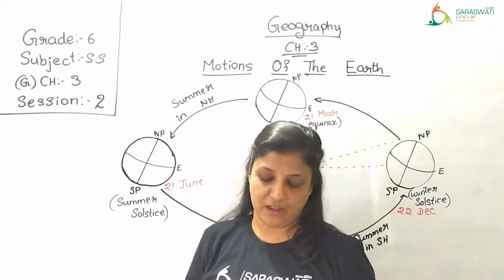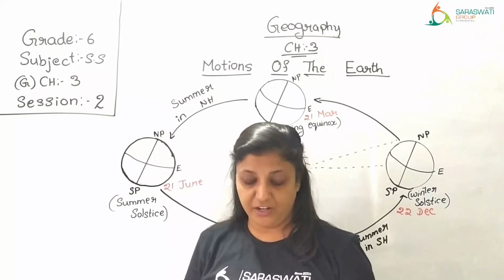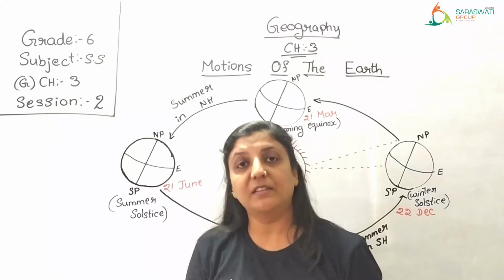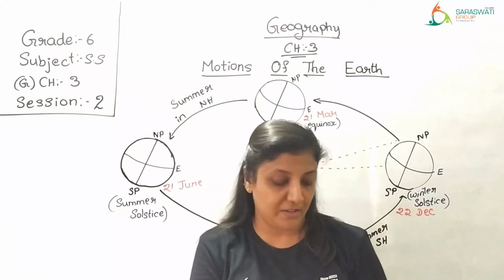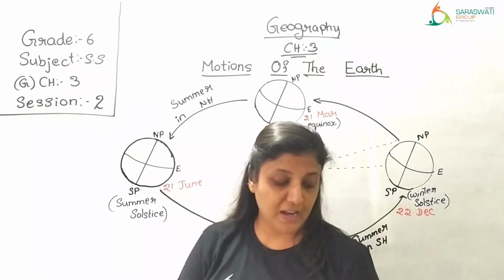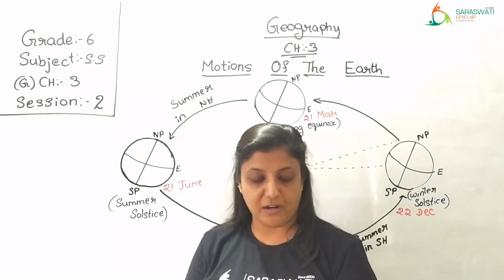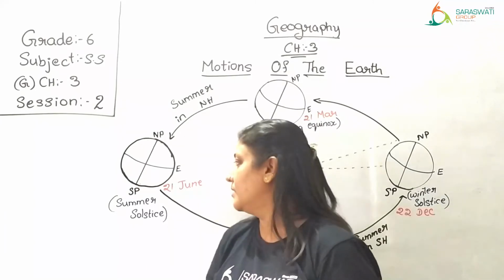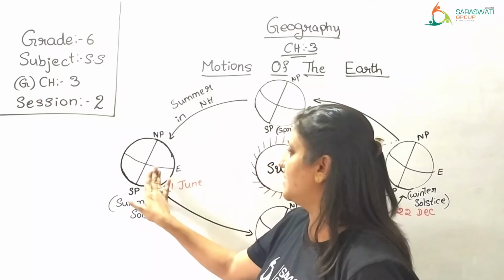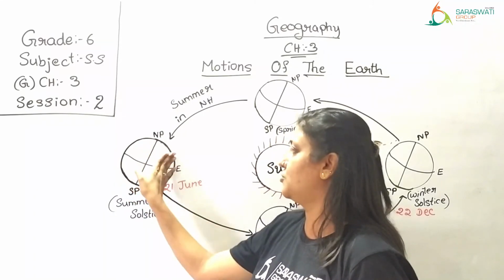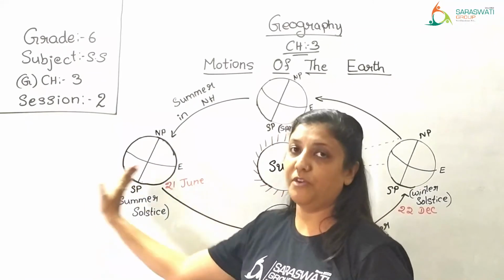It is not the same. This region is turned away from the sun and thus receives the slanting rays of the sun. Daylight is for short hours and hence it is winter. Since this is away from the sun, see, the northern hemisphere is towards the sun. Southern hemisphere goes away from the sun.